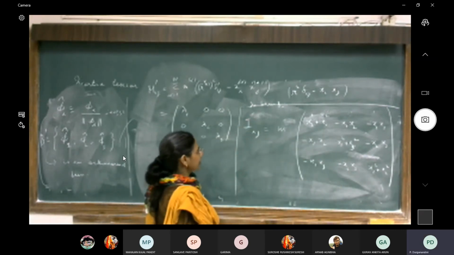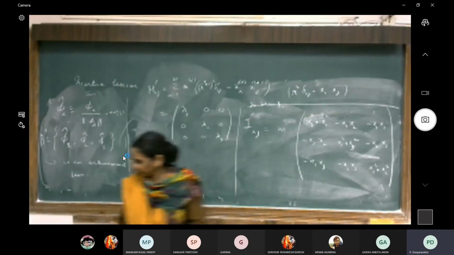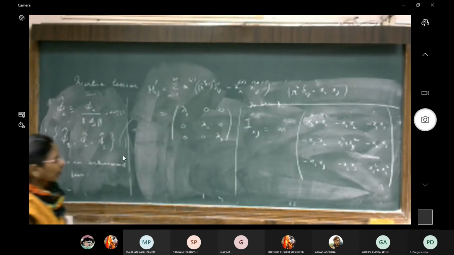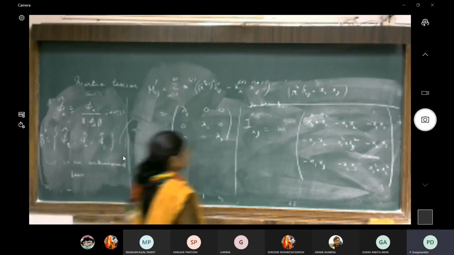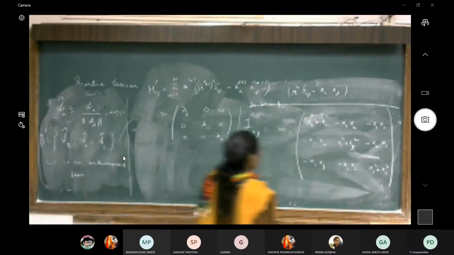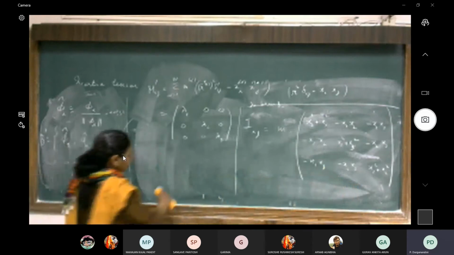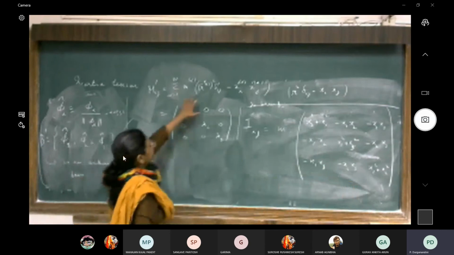Now if I go to the basis B prime, I'm going to get exactly the same thing. By definition this should be this.